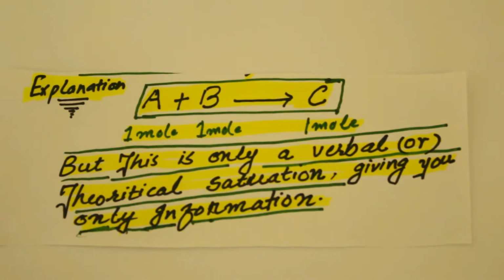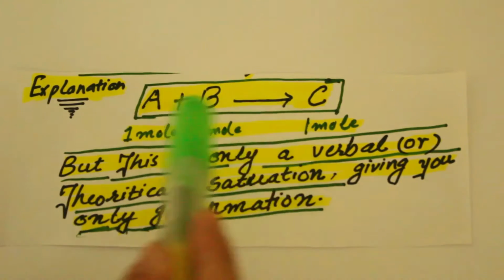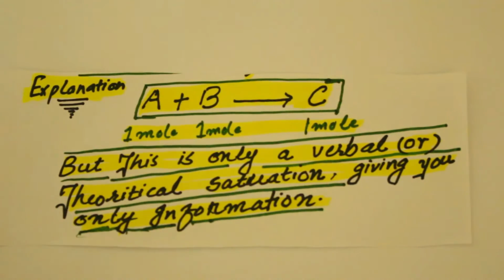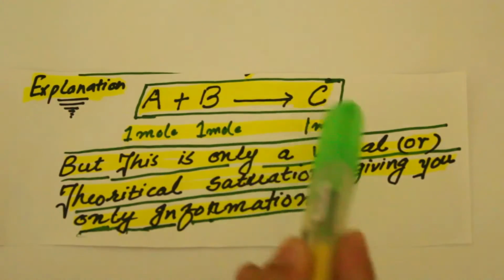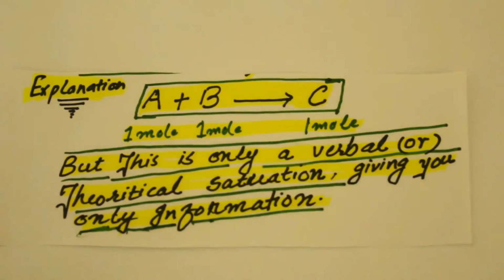But what about the real situation in which you have to perform the same reaction in the laboratory? If you perform this reaction in the laboratory, you will always get a smaller amount of product, smaller than 1 mole. Now the question is why this happens.